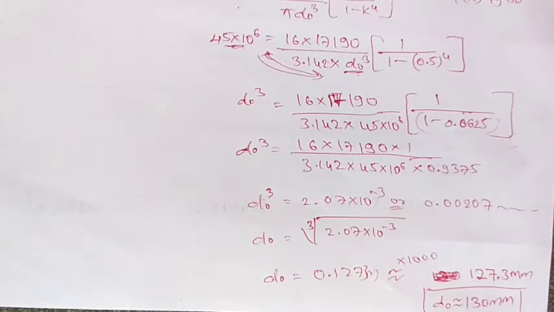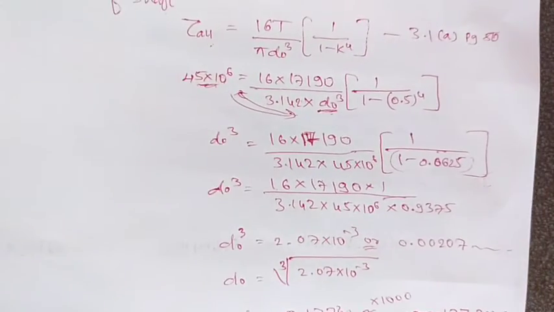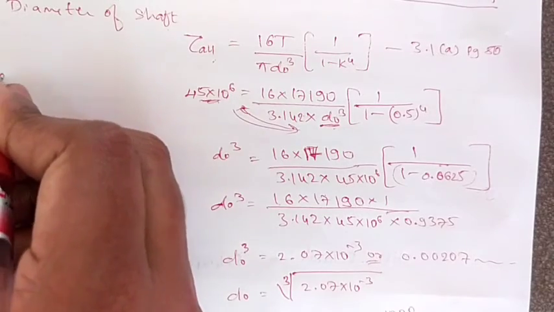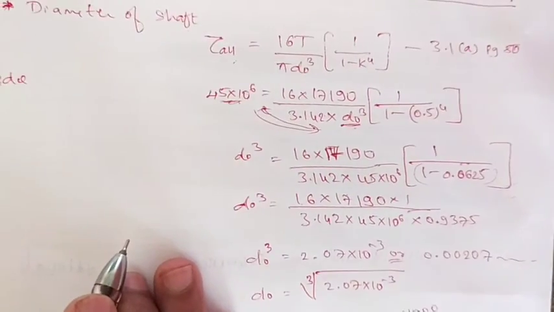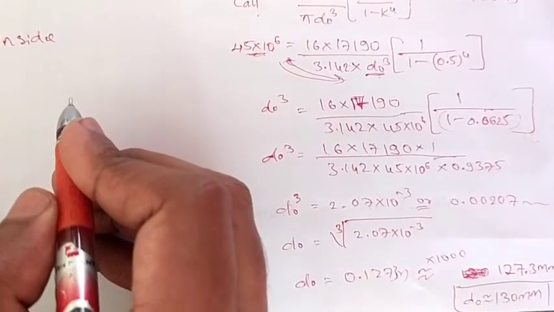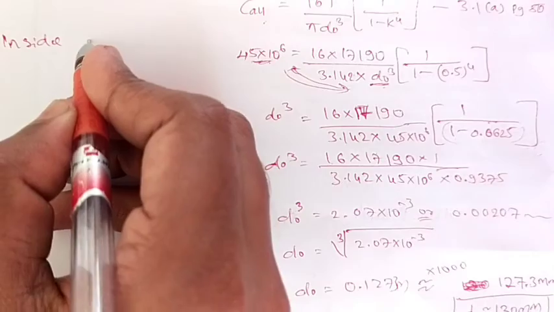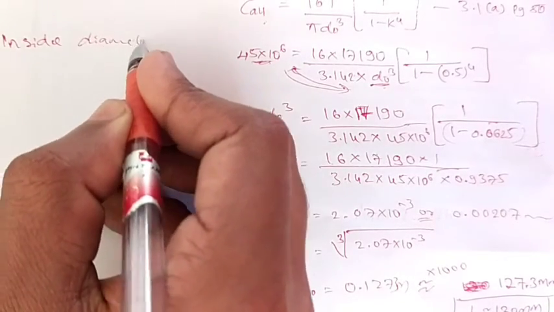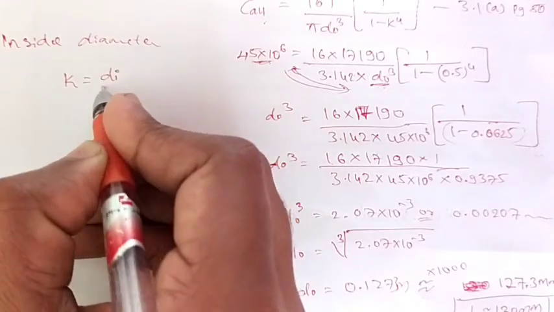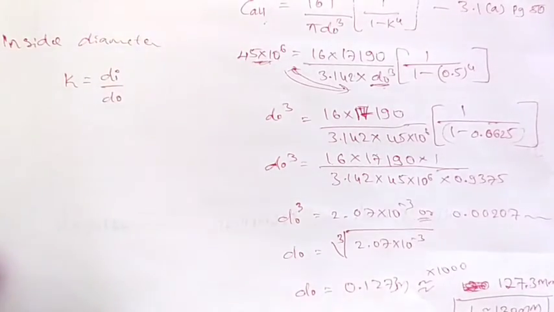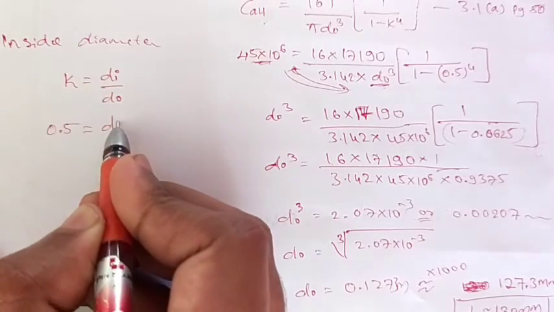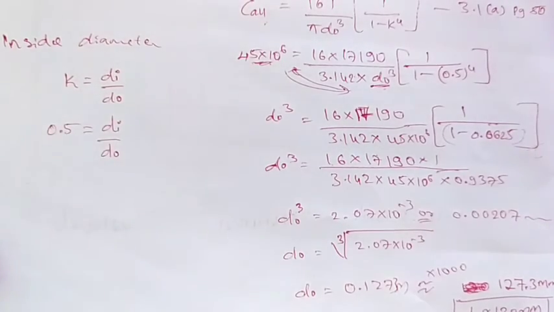Now we need to find the inside diameter of the shaft. How to find it? K is di by d naught, and the K value is 0.5.